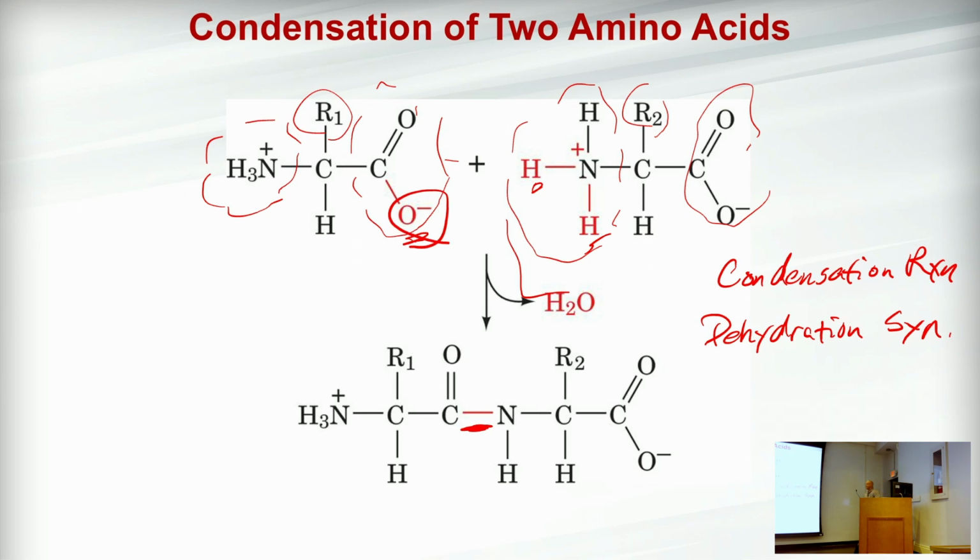What's it going to attack? So if my oxygen attacks a proton, then what do I make? I make an oxygen-hydrogen bond. I need a nitrogen-carbon bond. Doesn't make a whole lot of sense, does it?